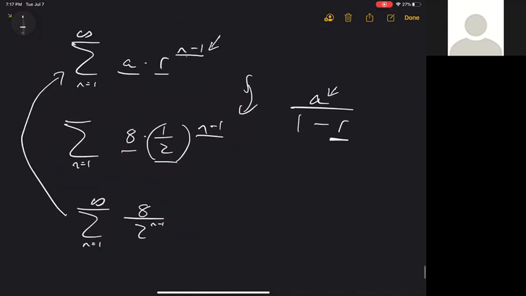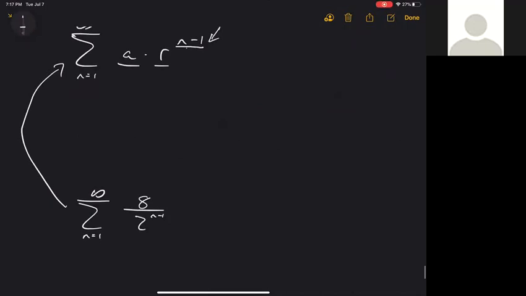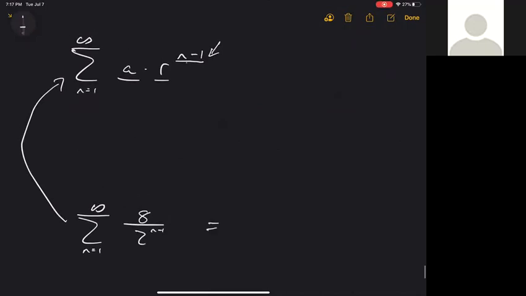So how could I modify this bottom thing to get to the top thing? First of all, I could pull the 8 out front and then write this as 1 over 2 to the n minus 1.